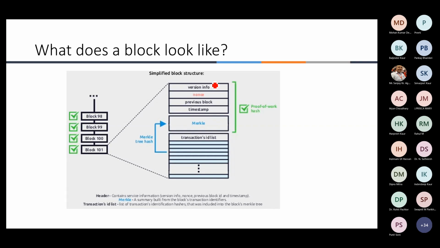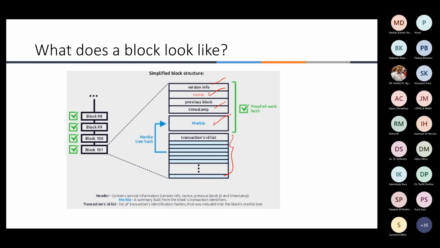First of all, we have a version number, that is a block number associated with a particular block, and then we have a nonce value, and a timestamp associated, and then we have the Merkle root hash tree, and then the various transactions which have been processed.